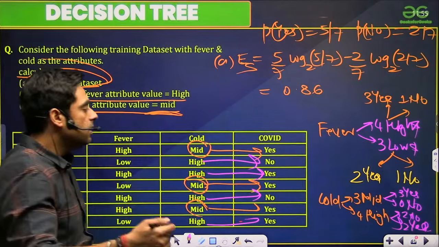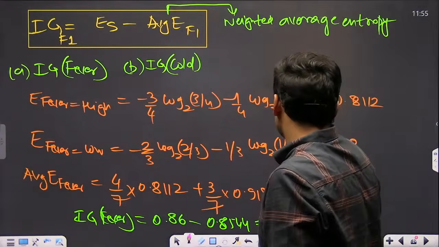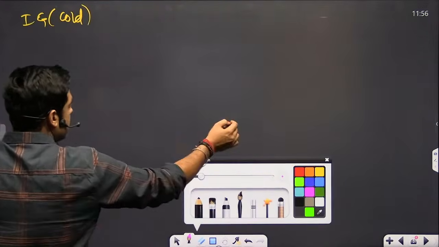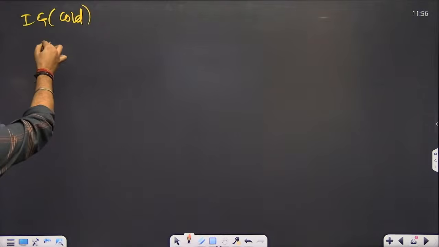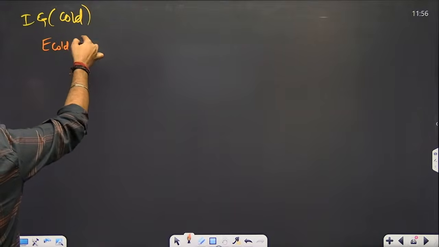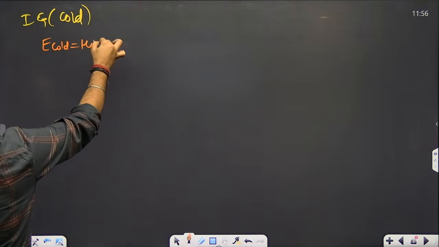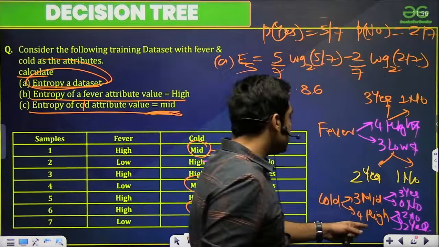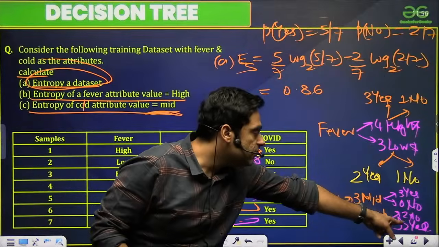Now I can calculate the entropy for the feature cold. When the value is high, I have 2 no, 2 yes.